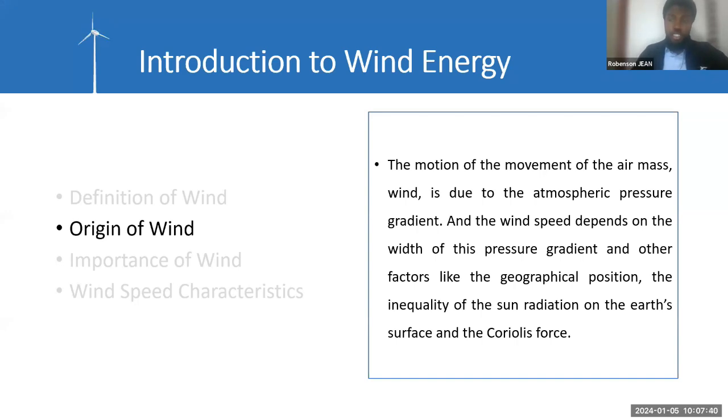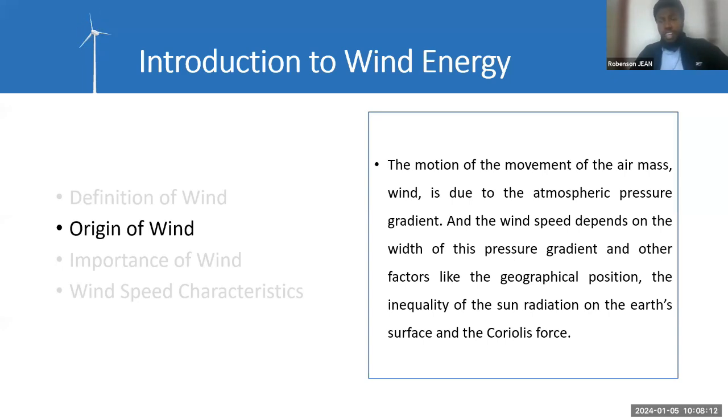Due to the pressure gradient, there is a movement from the zone of higher pressure to the zone of lower pressure. This motion of air is wind. And there are also other factors, such as the geographical position, the inequality of the sun's irradiation on the Earth's surface, and the Coriolis force. All of these factors contribute to the motion of air.